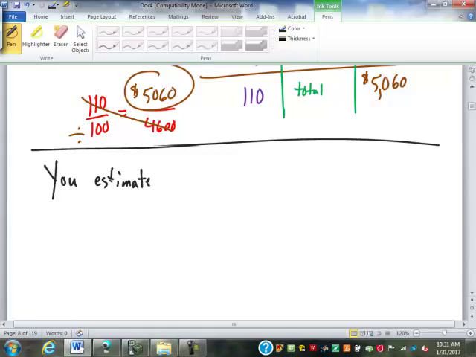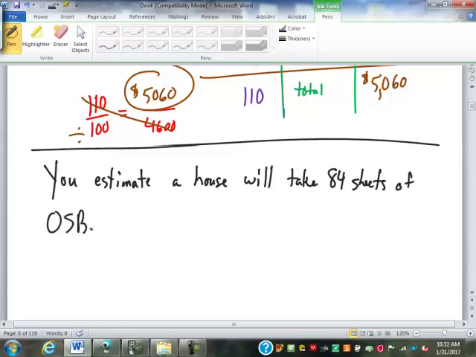Let's say you estimate a house will take 84 sheets of OSB. Let's say you are going to add 15% for waste. So, how would we do this?